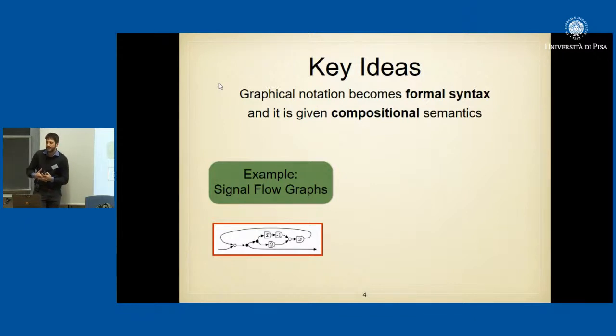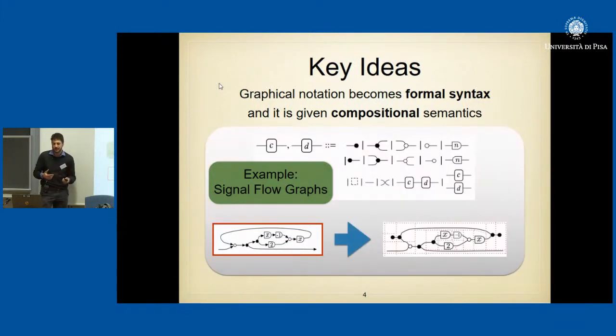Now, the idea of this kind of approach is that this object, which so far is just a graph, actually becomes a formal syntax, which you can express just using a grammar, as you would do with a programming language. And this syntax generates an object, a graphical object, which is the one here on the right, to which we can map our original graph.